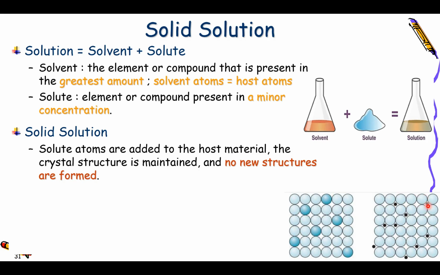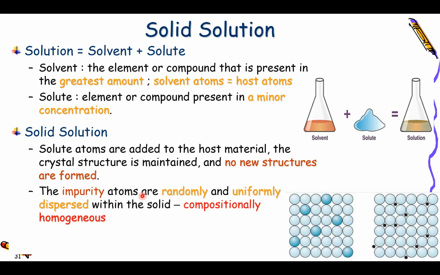So the foreign atom will be between the original atoms, in the interstitial site. So this is called interstitial solid solution. Of course, a new structure cannot be formed. Okay, so no new structures.